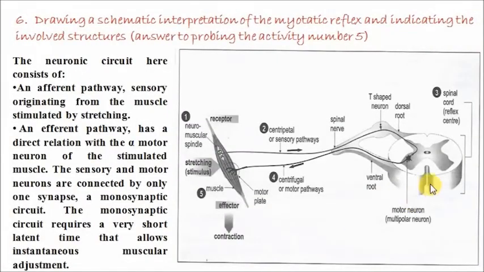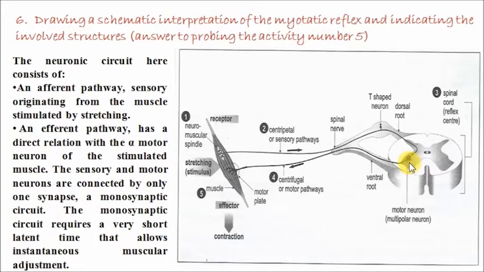So, as you would observe here, the terminal end of the sensory neuron is synapsing with the cell body of the motor neuron, and so the connection between the sensory and the motor neuron is only by one synapse. This is why we say we have a monosynaptic circuit.